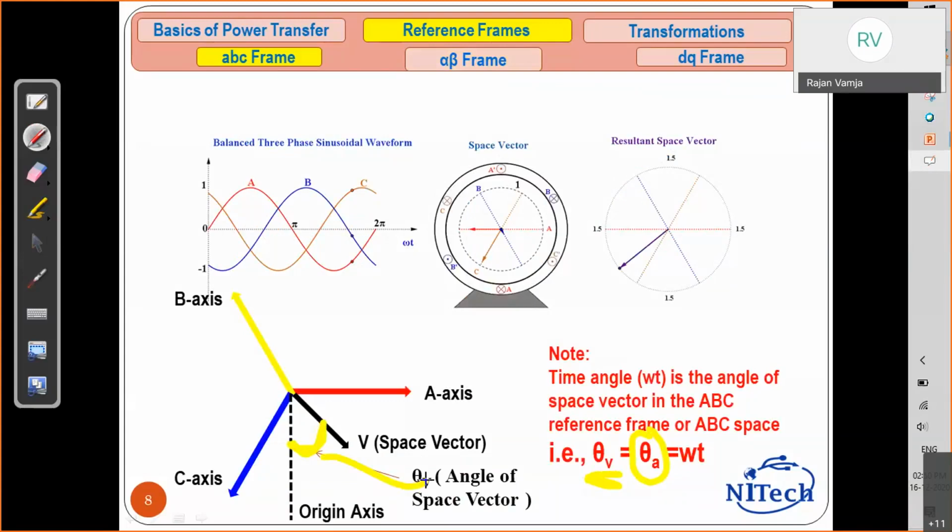Okay, is this clear now? Your space vector starts rotating in the ABC frame from the origin axis. Origin axis means 90 degrees behind the A axis. You can see it is 90 degrees behind. Voltage A means the A voltage, and its angle is omega t.